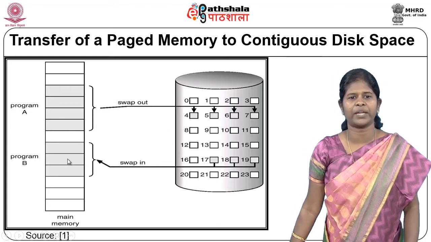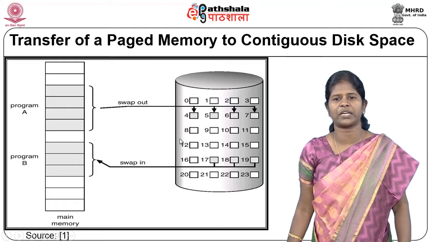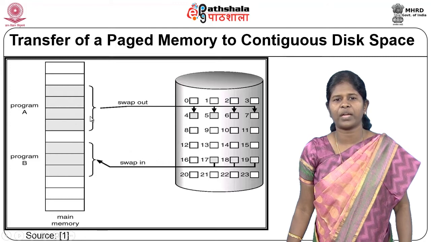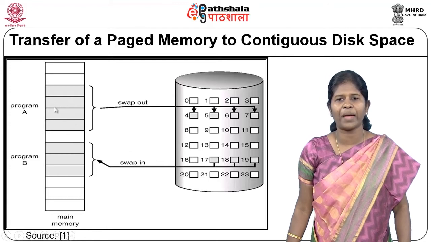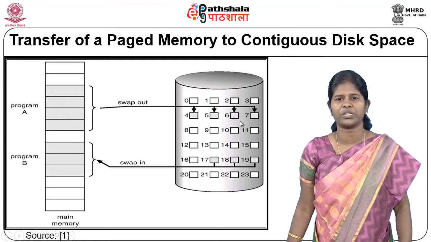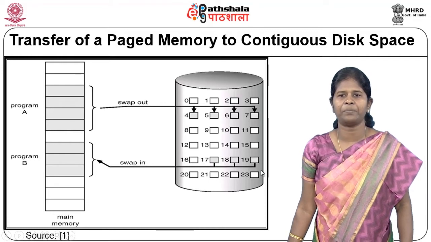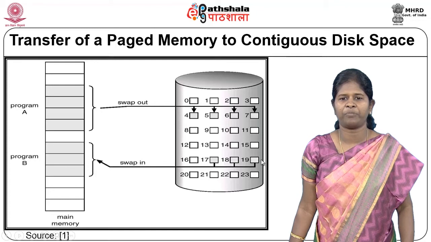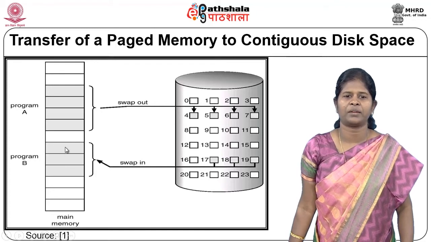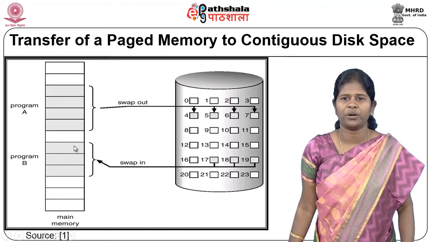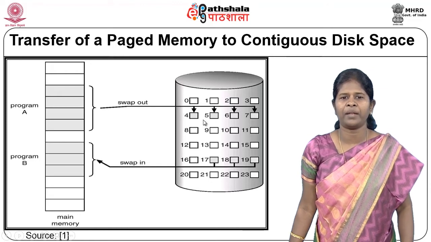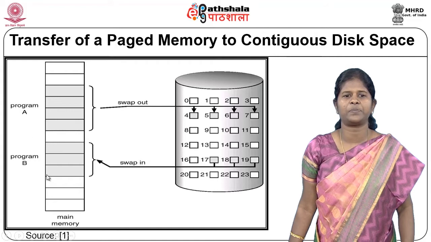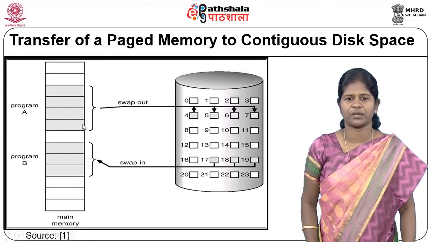When you need to bring in program B from the secondary storage device, and if you need space, you can swap out a program into the secondary storage device and bring in the required number of pages for program B into the main memory. So, you can swap in and swap out programs so that you get space for programs to execute.